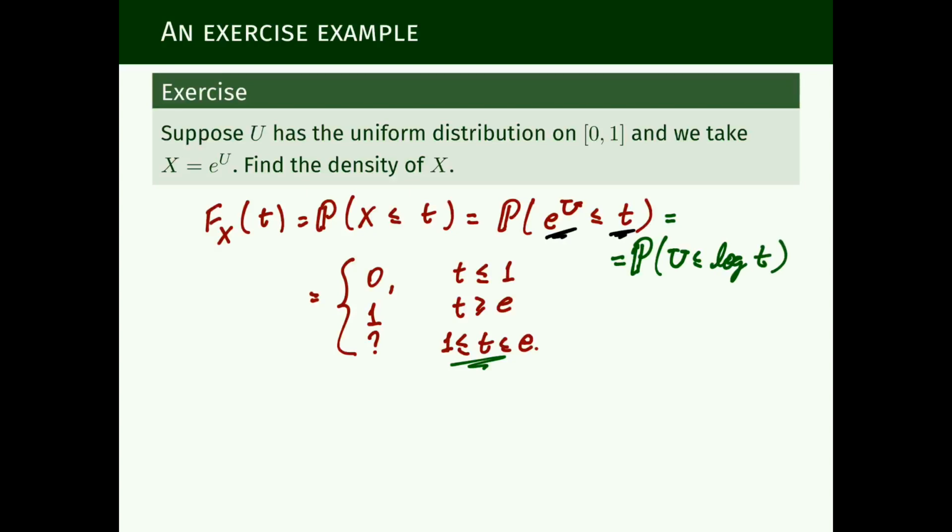And we know what the uniform random variable looks like. Log t will be a number between 0 and 1, because t is between 1 and e. We know the probability that the uniform variable is less than a number, when that number is between 0 and 1, is the number itself. So this is equal to log t.